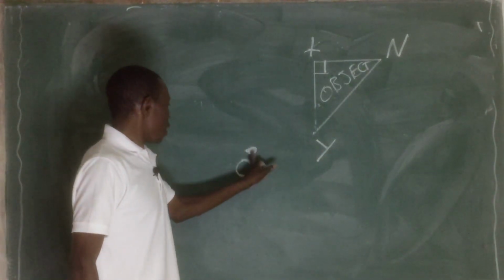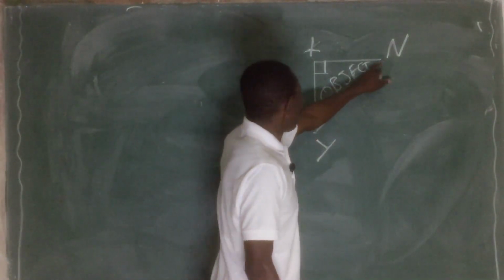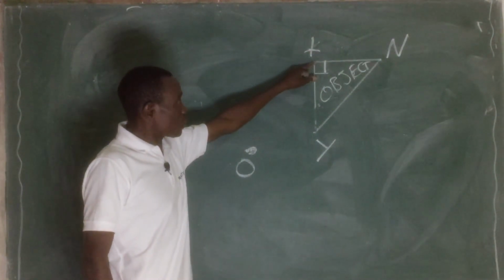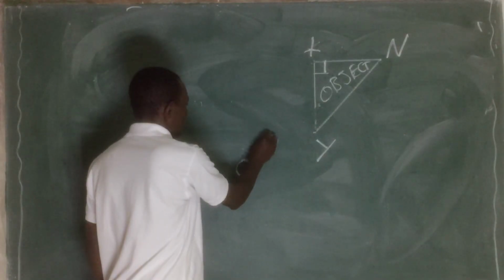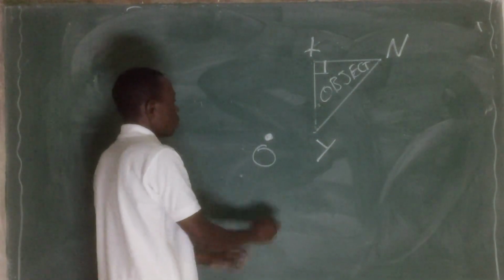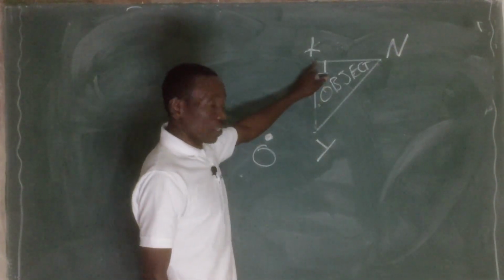You connect O to Y, O to N, then O to K. Right, that's what we do here. Let me just have this one close here because of the space itself, but we're talking of the same O to Y, O to N, then O to K.